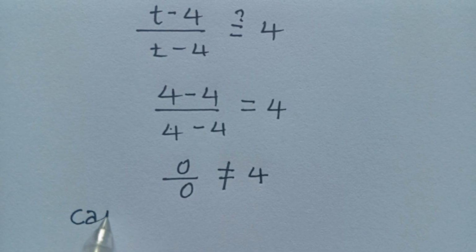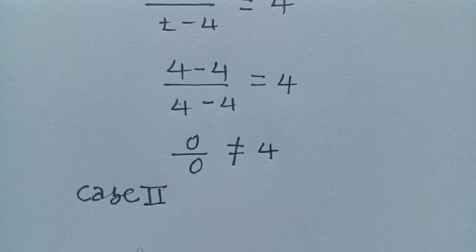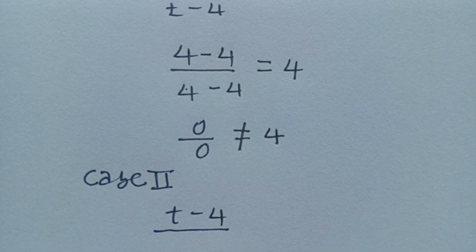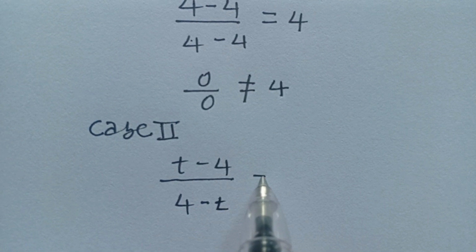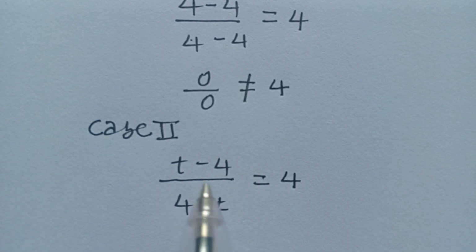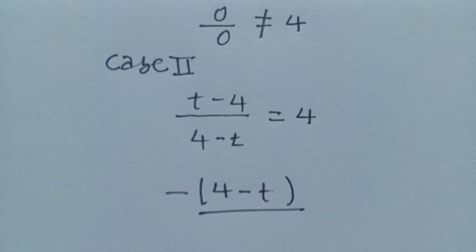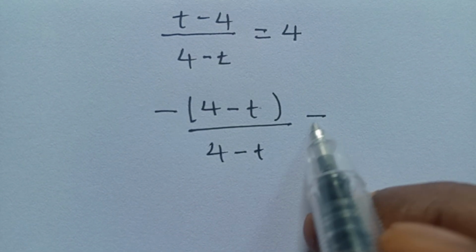Case 2. (t minus 4) over (4 minus t) equal to 4. This multiplied by minus sign, minus into 4, minus (t minus 4) over (4 minus t) equal 4.